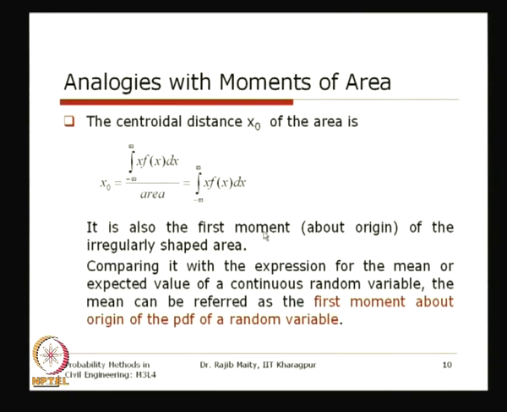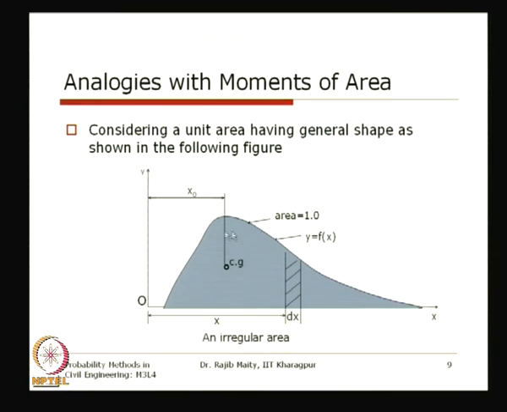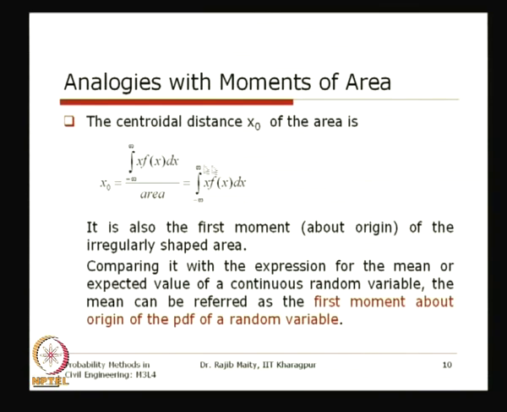Now, if we want to take the second moment with respect to the origin, then this area multiplied by this distance squared will give you the second moment.